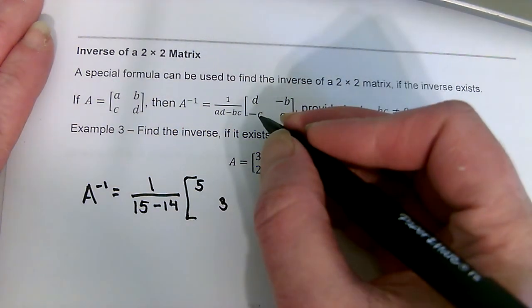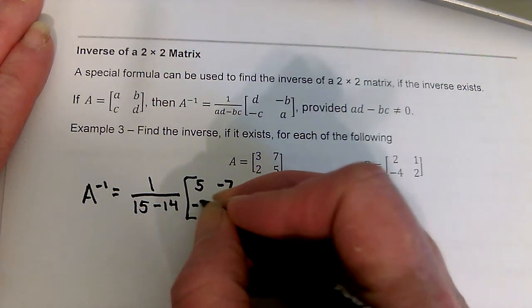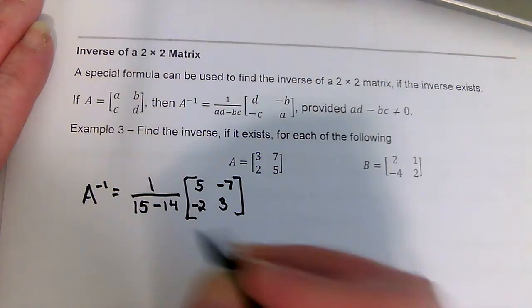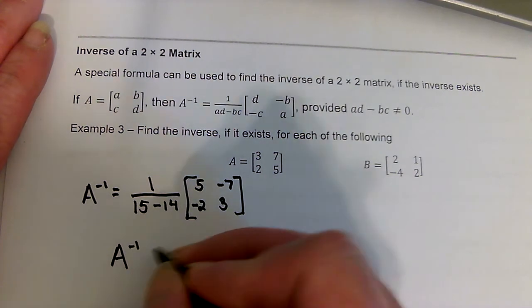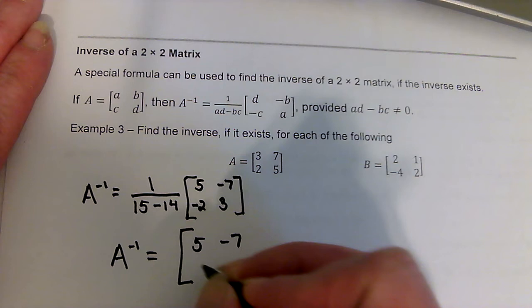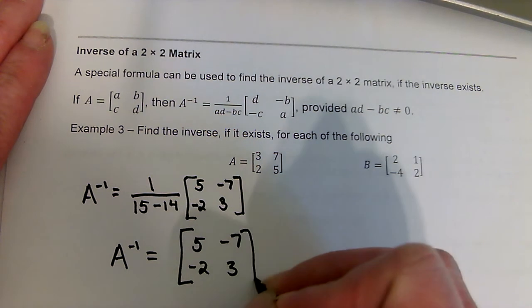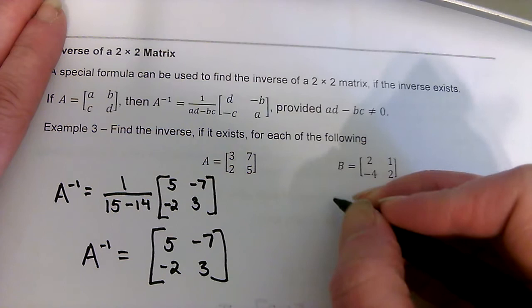And then B and C stay in the same places, we just change their signs. So that gives me 1 over 1. Oh, that's nice. And you could prove that by doing it in the calculator as well. Let's check this one.